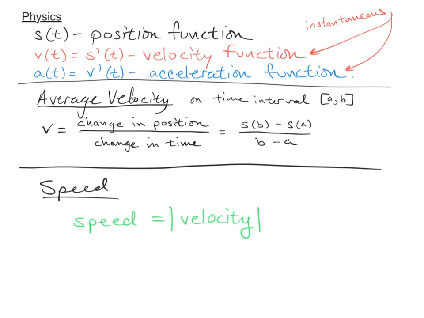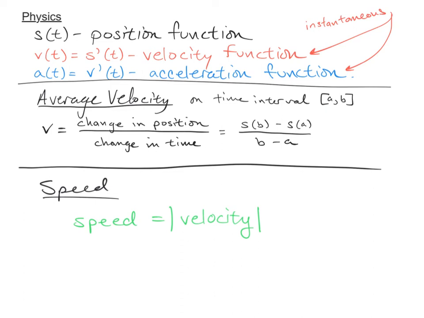The next function that you'll see down here, v of t, stands for the velocity function. But if you're trying to find v of t, you just take the derivative of s of t. And lastly, a of t is the acceleration function. And in order to find a of t, you will just need to find the derivative of v of t.